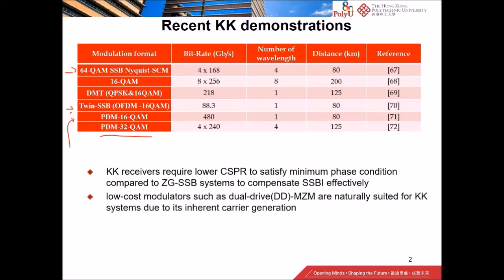And finally, one should note that because these systems naturally require a strong carrier, low-cost modulators such as the dual drive MZM are quite suitable for these systems, because it inherently has a large carrier component in its signal generation.